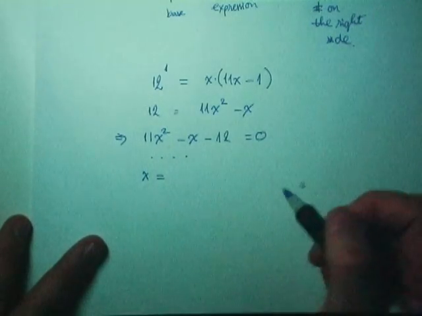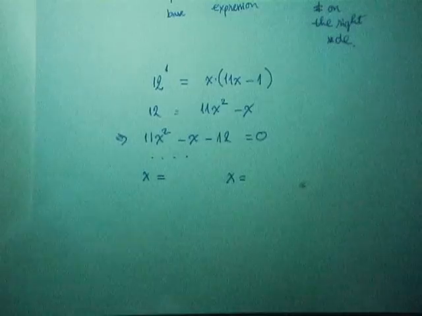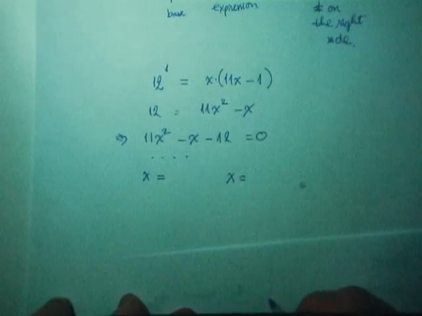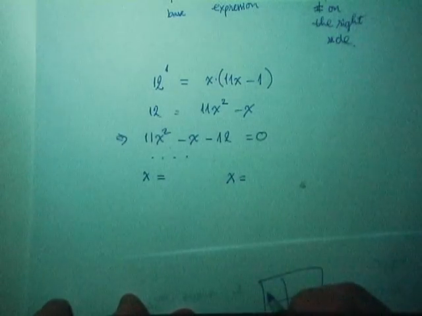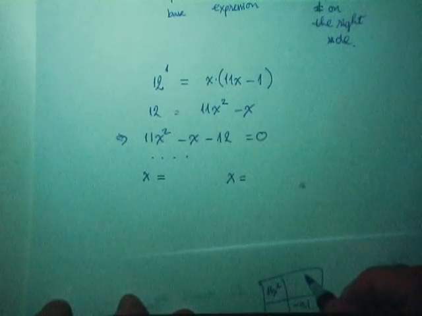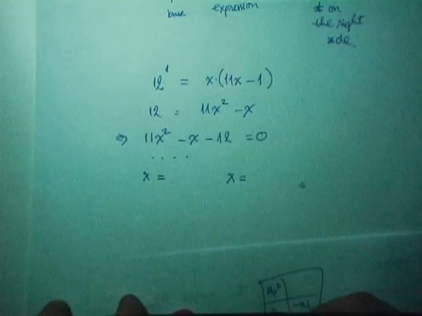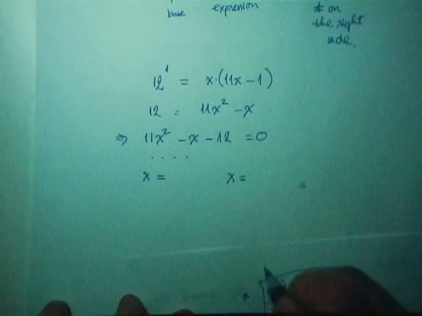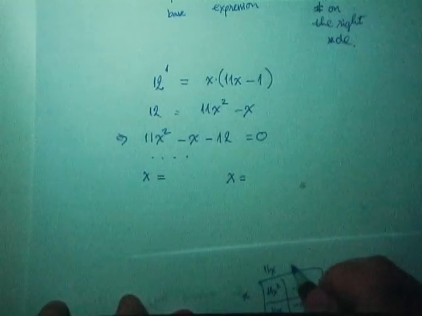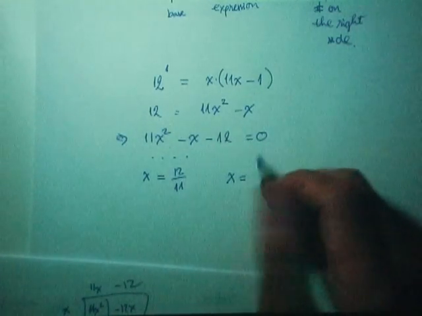I'm going to leave the middle steps for you, but the two final answers for this equation are 12 over 11, and the other answer is -1.